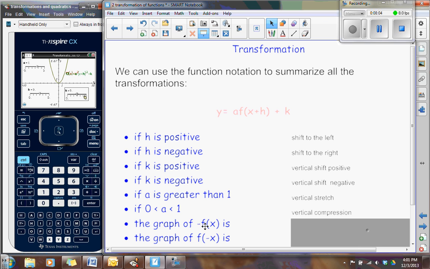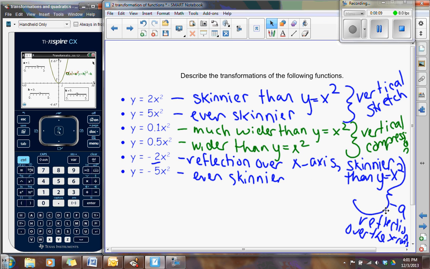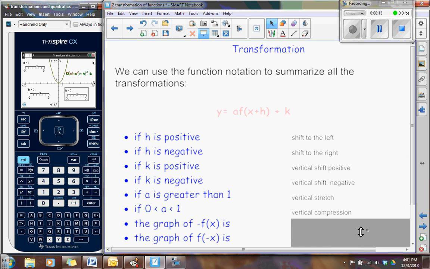The graph of -f of x, so that refers to when a is negative, we're going to have a reflection over the x-axis. Okay, and if we have f of -x, I didn't really look at this, but if we're plugging -x in for x of the function, so if we replace this x with a -x, it's actually going to switch the value of our h, really, and that's just going to be a reflection over the y-axis.